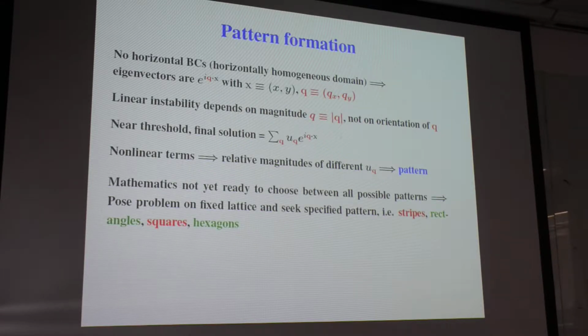Okay, so I've alluded a little bit to the central problem of pattern formation before. When we've looked at linear stability, we've put in eigenvectors, written something of the form e to the i k dot x.